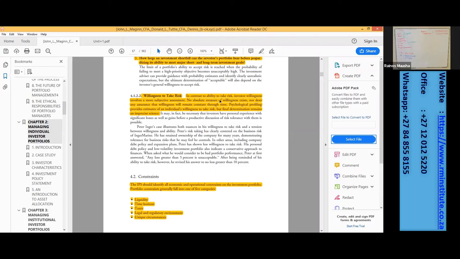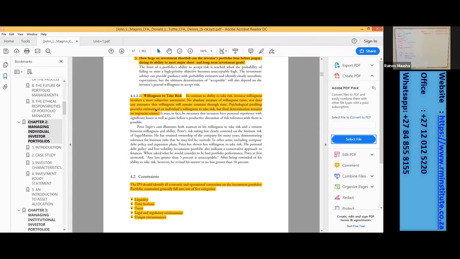No absolute measure of willingness exists, nor is there any assurance that willingness will remain constant throughout time. So psychological profiling provides estimates of an individual's willingness to take risk, but final determination remains an imprecise science as well.